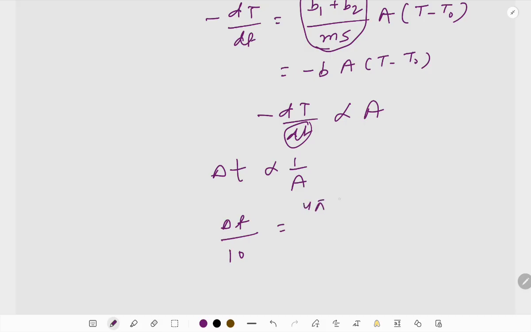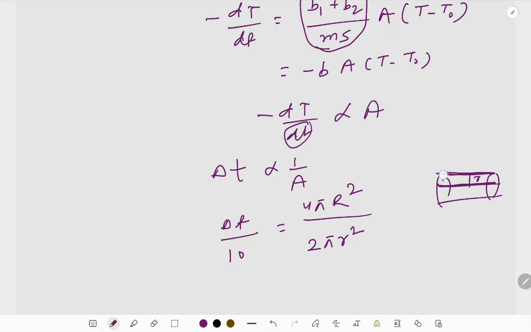The radius of the ball was capital R, so I can write its surface area simply as 4 pi R square, and in the denominator we need to write the surface area of the cylinder. Its cross-sectional radius is r, and since its length is also equal to r, that means 2 pi r square.